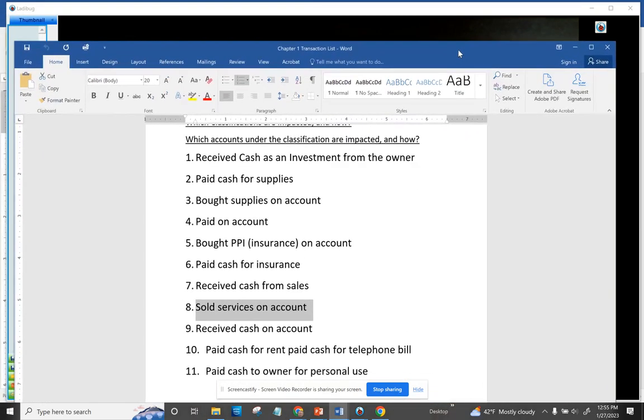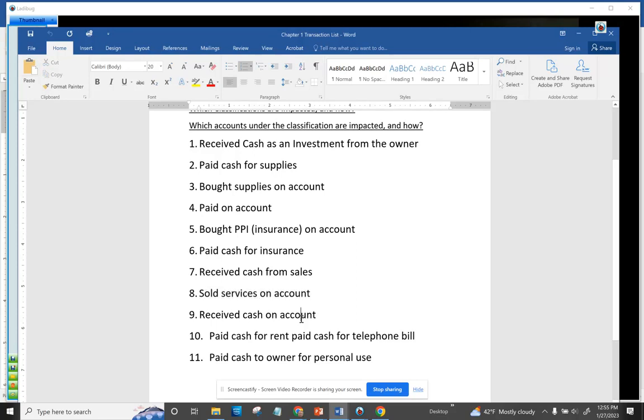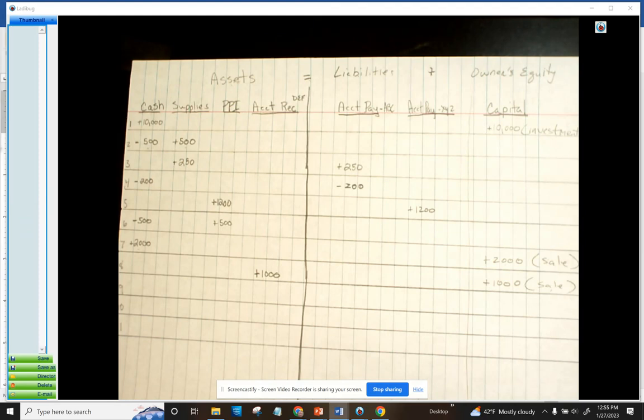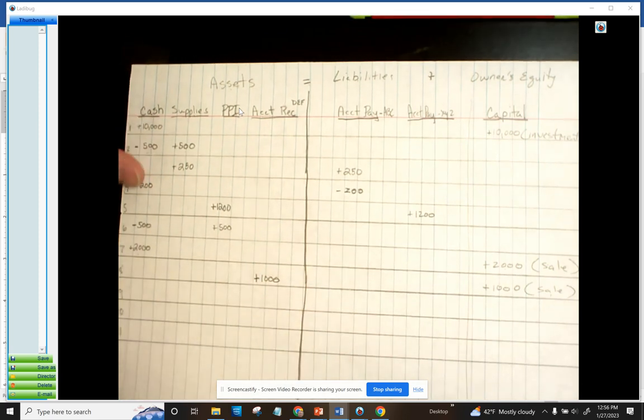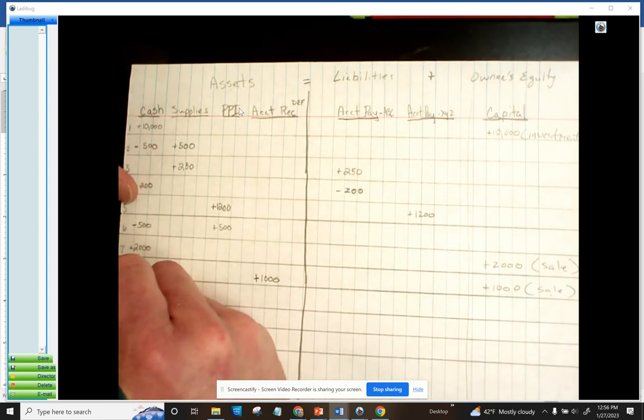And the next transaction is just like we were talking about, receive cash on account. So let's go ahead and do that. Received cash on account. Okay. We received cash on account. Let's say they owed us $1,000 and they sent us the check for $1,000.